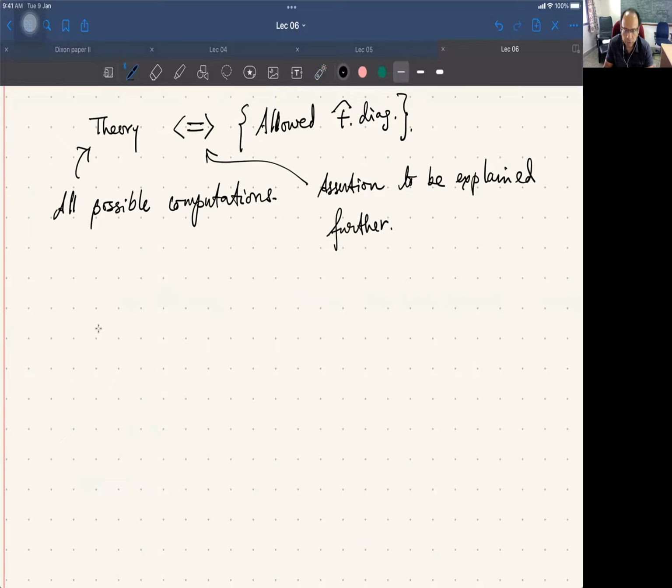Okay, what do we actually mean? On one hand, we understand that a theory is like a set of computations, and when you specify something, what we can compute in that theory naturally follows, and then you are making another claim that there's an allowed set of topological diagrams, and how these two things are synonymous.